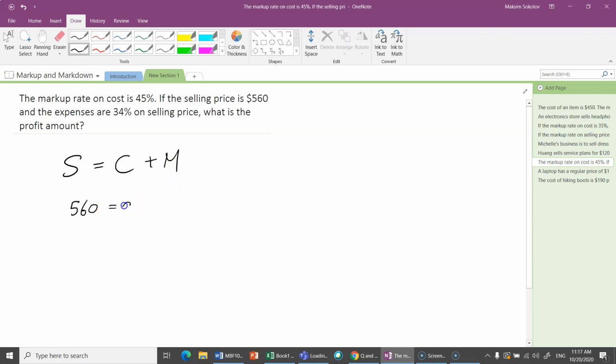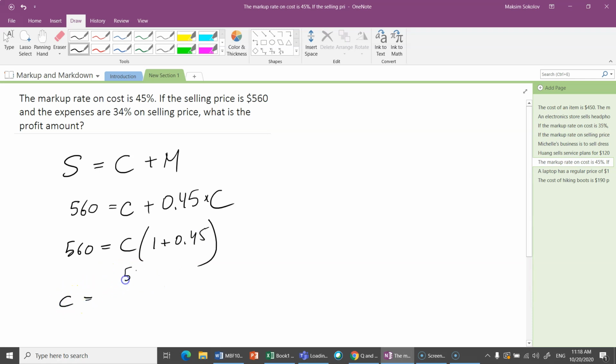Cost is unknown, so we keep it as C, plus markup, which is 45% on cost, 0.45 times C, which means that 560 is cost, which is factored out like so, and cost is found as 560 divided by 1.45. This is 386.21. So the cost is $386.21.